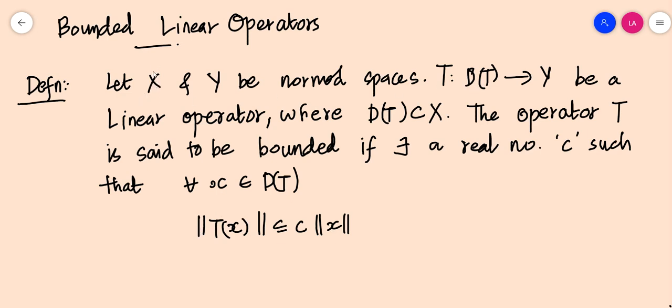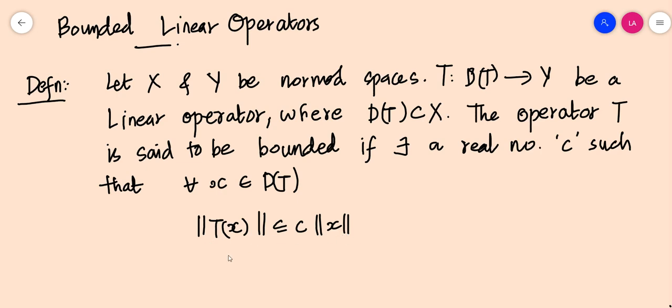So we have two normed spaces X and Y, and they may have two different norms. T(x) is an element of capital Y, so the norm of T(x) is defined with respect to the norm in capital Y. x is an element of capital X, so its norm is the one defined in capital X. The thing to understand is that both of these norms need not be the same.